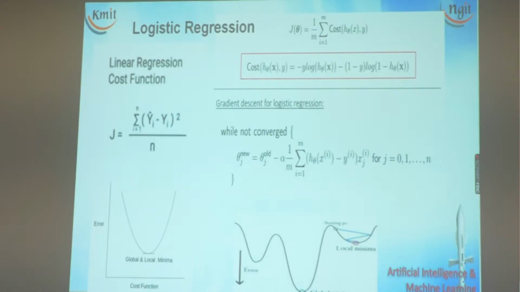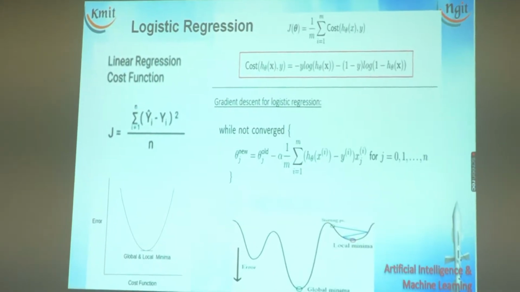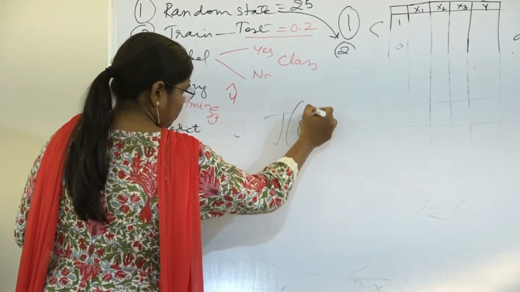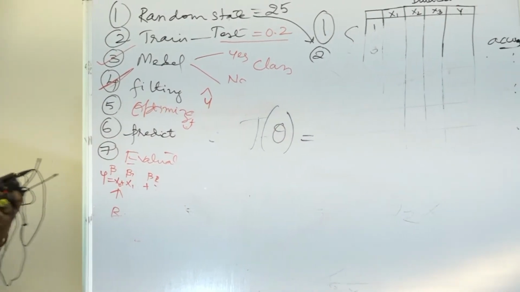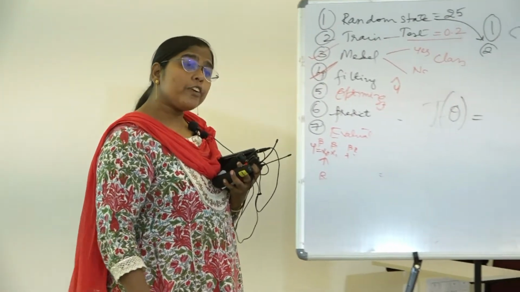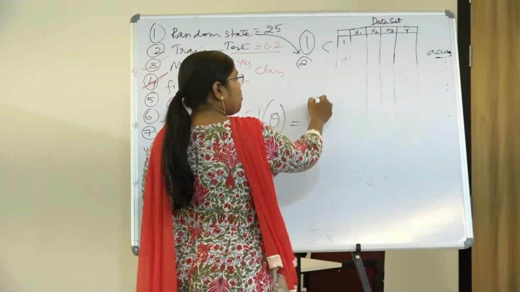Coming to logistic regression, we are talking about cost function. What is cost function? Why do we need to write J theta? Why do we write 1 by 2m?